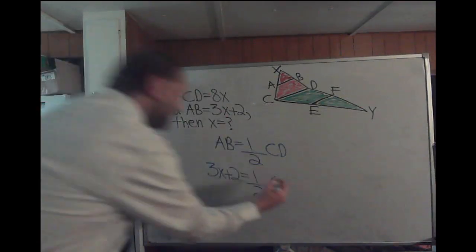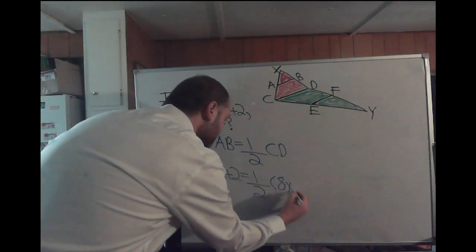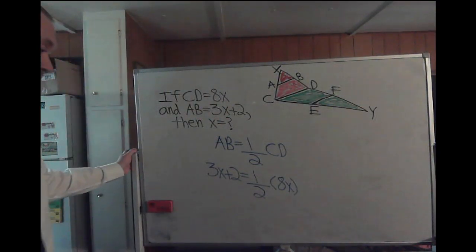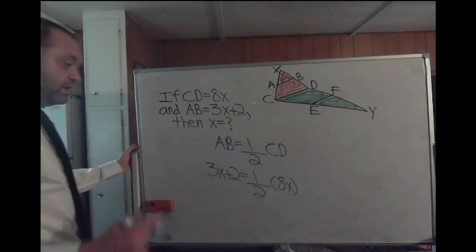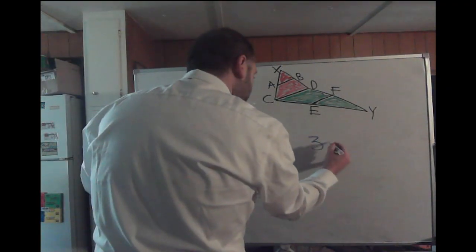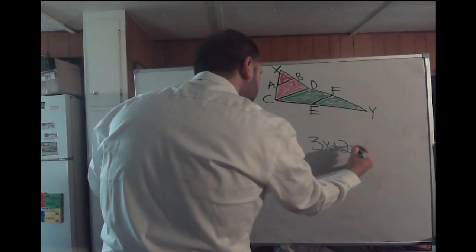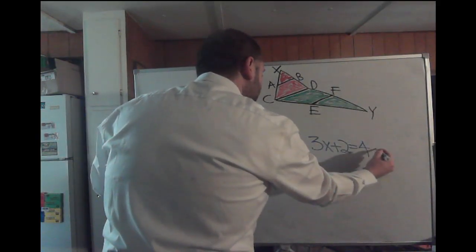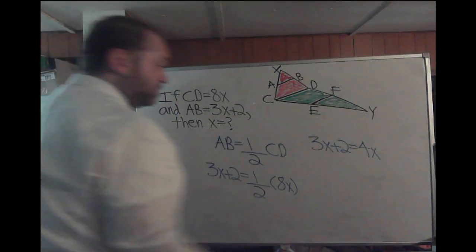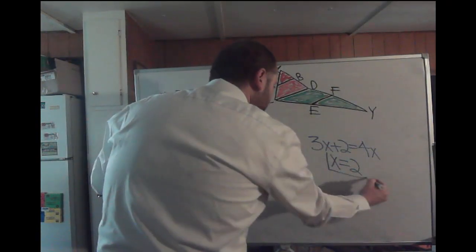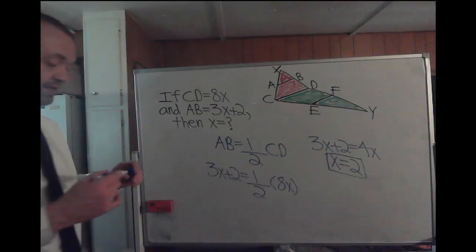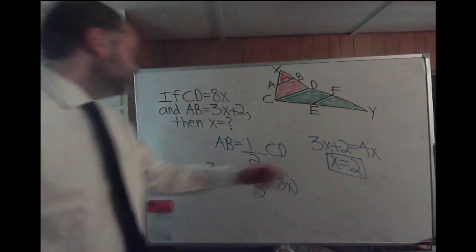CD was 8x. So 3x plus 2 equals half of 8x, which gives us 3x plus 2 equals 4x, which could only mean that x equals 2.